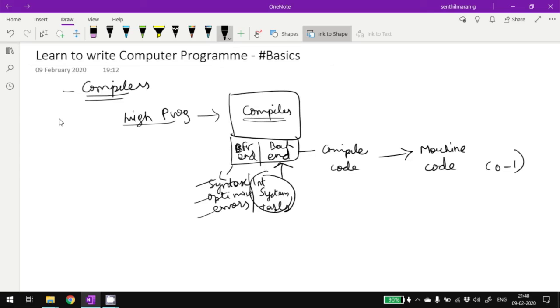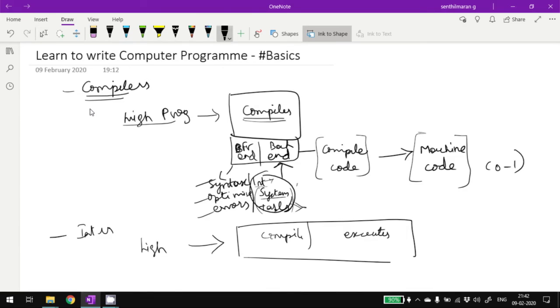After that, it prepares intermediate code and system tables. The system table maintains the variables, and the intermediate code is used for the backend, the compiler's second step. The backend step builds the compiled code, which is equivalent to machine code, zeros and ones.